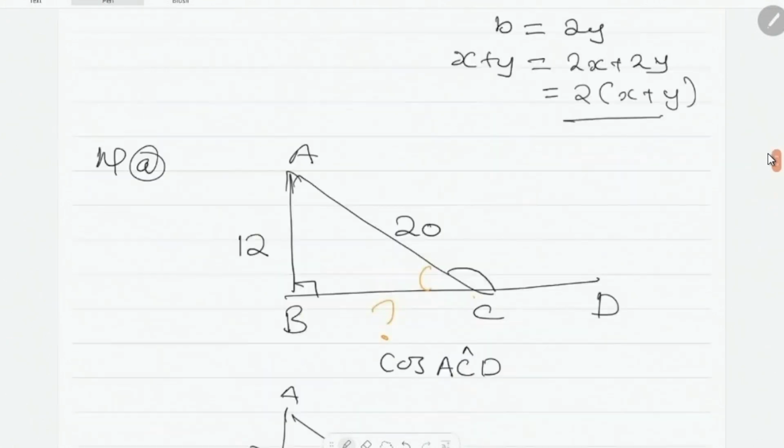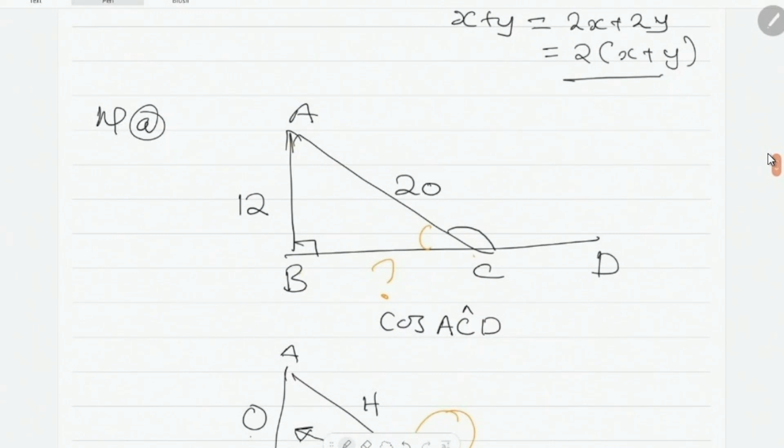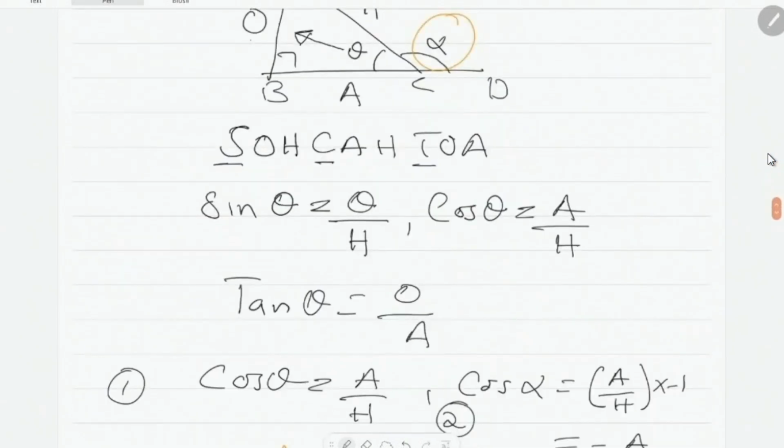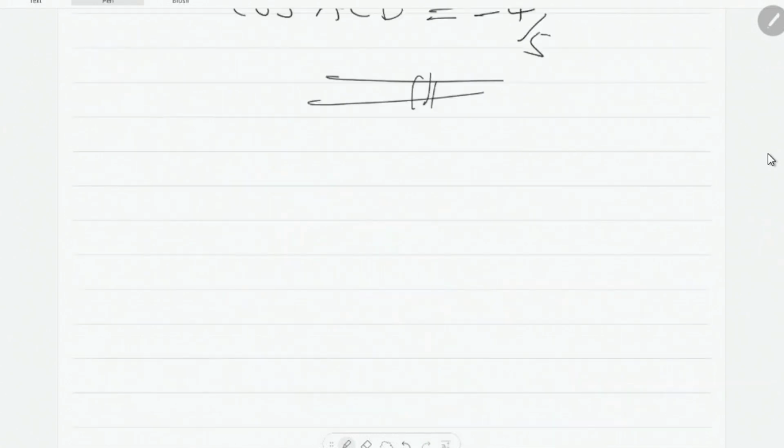So the key concept that we need to get here is that when you find cosine of the interior angle, if cosine of the interior angle is equal to A, then cosine of the exterior angle is equal to -A. All right? Okay, fine.